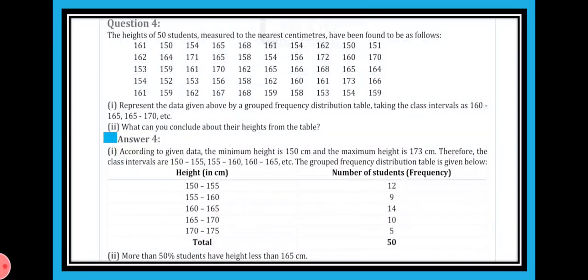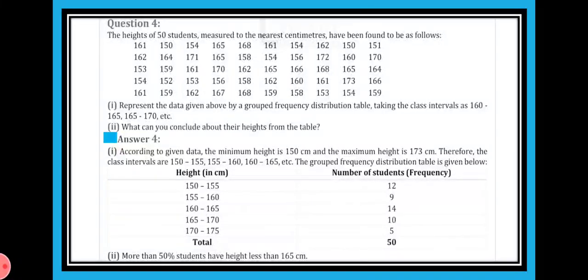So for the answer, first let's find out the minimum height given and then the maximum height. According to the given data, the minimum height is 150 centimeters and the maximum height is 173 centimeters. Therefore, the class intervals are 150 to 155, 155 to 160, 160 to 165, etc. The grouped frequency distribution table is given below.